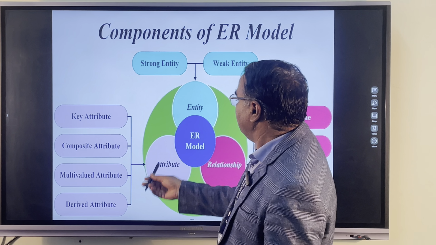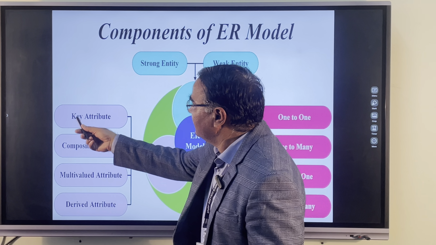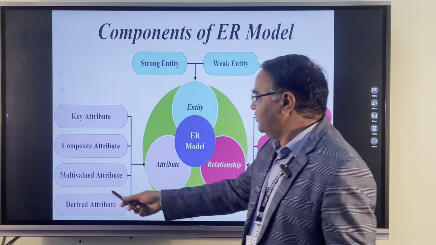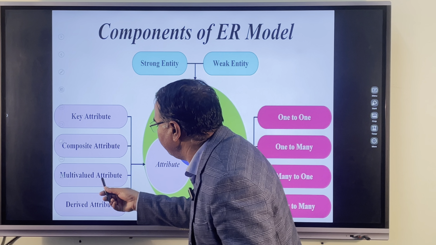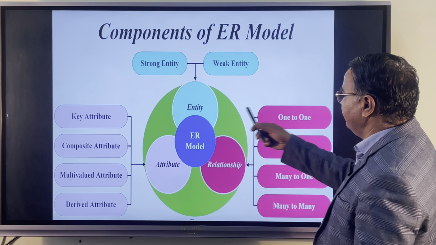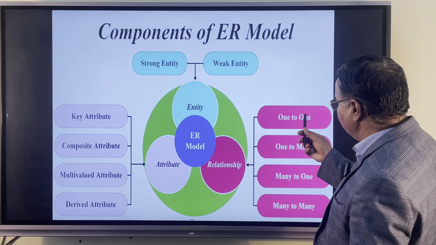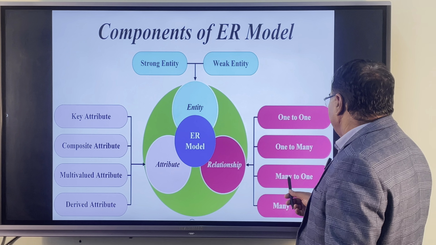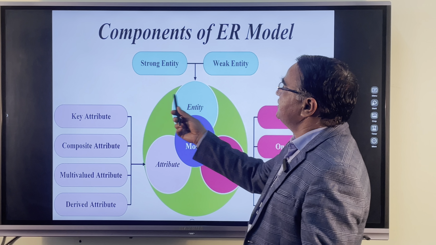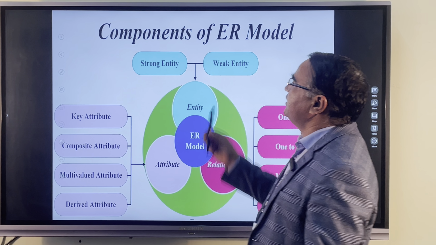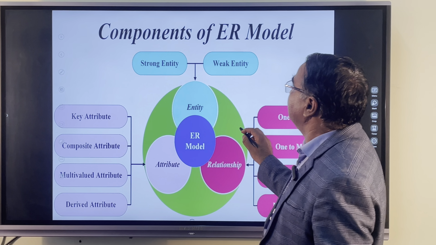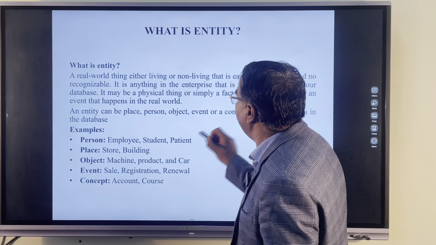Attributes are divided into the following categories: key attributes, composite attributes, multi-valued attributes, or derived attributes. Relations may be one-to-one, one-to-many, many-to-many, or many-to-one. Entities are of two types: strong entities and weak entities. So this diagram represents the properties of the ER diagrams.